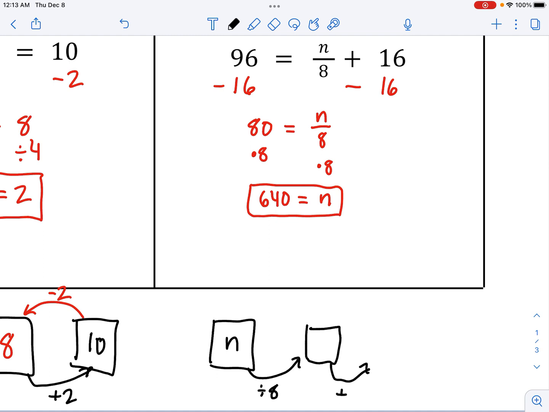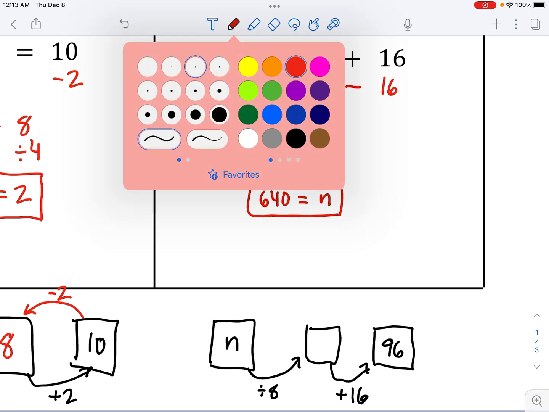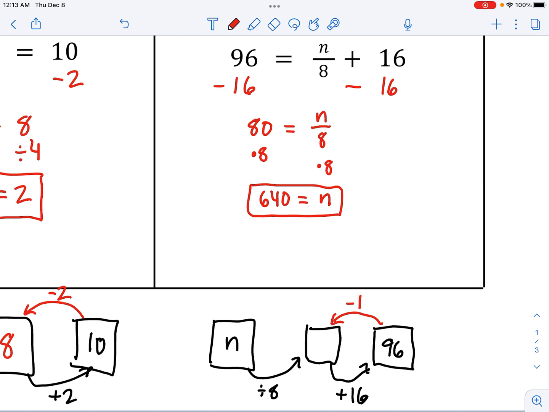And then we added 16 to get 96. Now we subtract 16. Let me use my red for inverse operations. Subtract 16 to get 80. Instead of dividing by 8, we have to multiply by 8. 80 times 8 is 640.